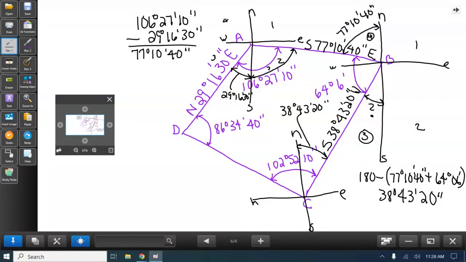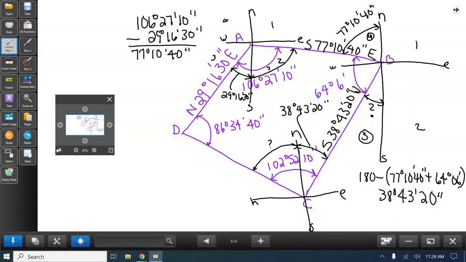So you've got north, south, east, west. C to B now is in quadrant 4. So that's the angle it makes from the north, which is 38, 43, 20. You have the entire angle, and your C to D is in quadrant 4, so we're looking for this.